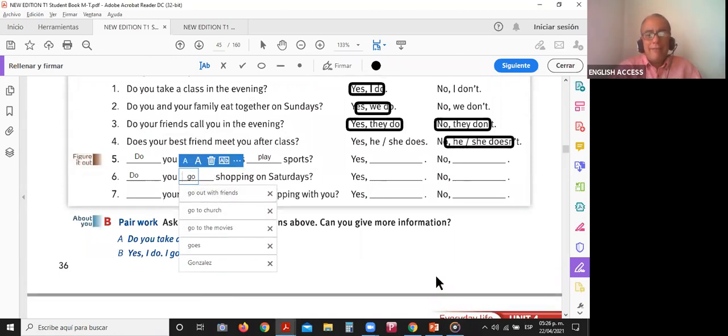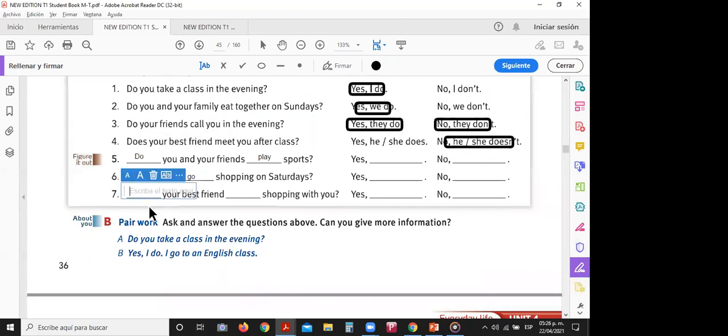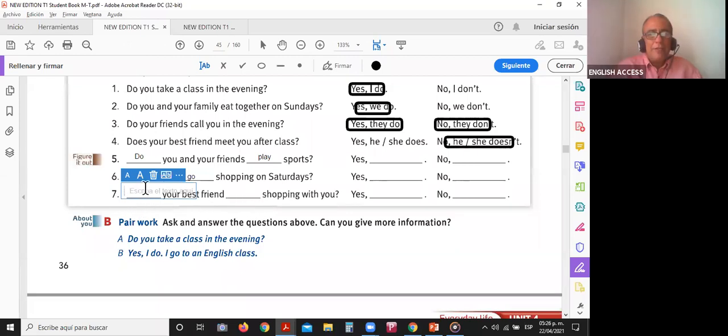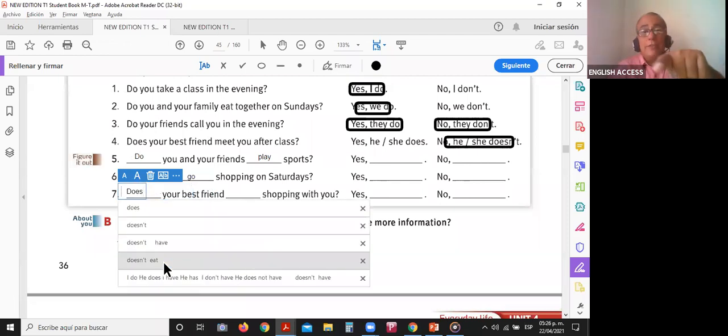And number 7. Here is for Carolina, and here is for Antonio. Do you have the answer, Carolina? With your best friends. Here, the first gap, the first blank space. What is the word missing here? Does, Antonio, very good. Does your best friend, only one friend, singular.